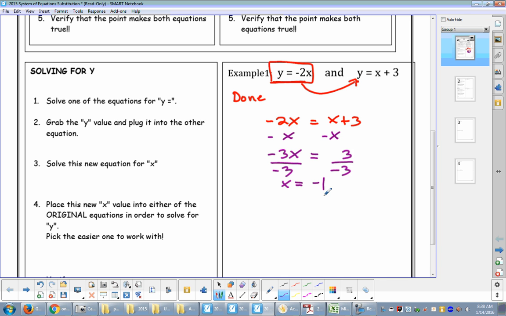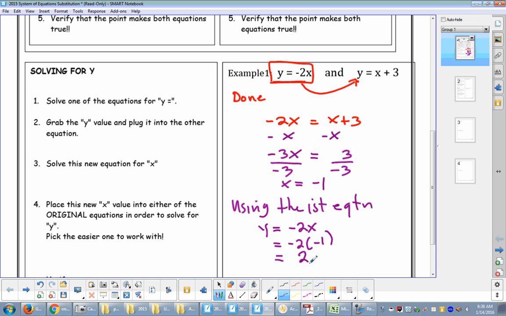So using the first equation, y is equal to negative 2x, but x is equal to negative 1. So negative 2 times negative 1 will give us a positive 2.